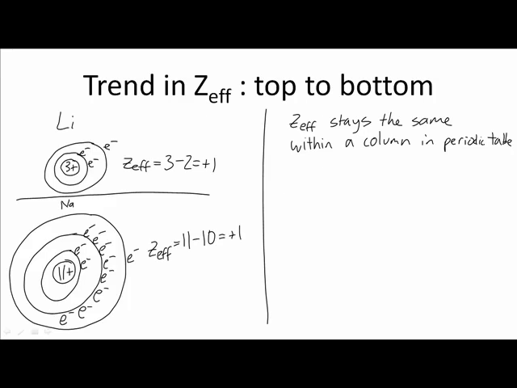All right. So the effective charge is staying the same, but what's happening is the distance is increasing because we're moving to higher and higher energy levels as you go down the periodic table.